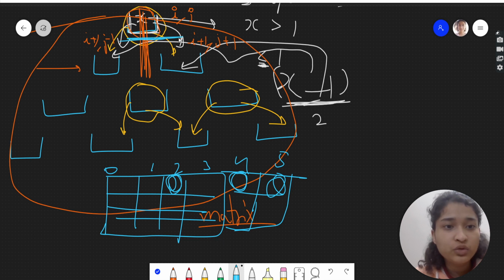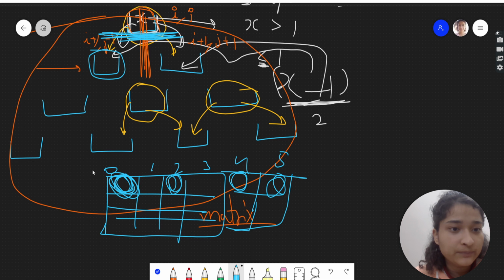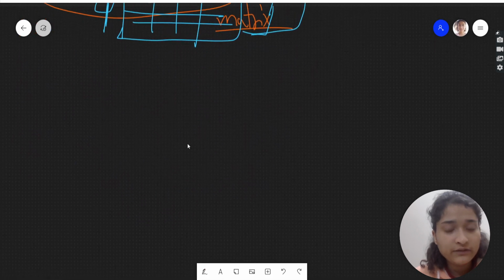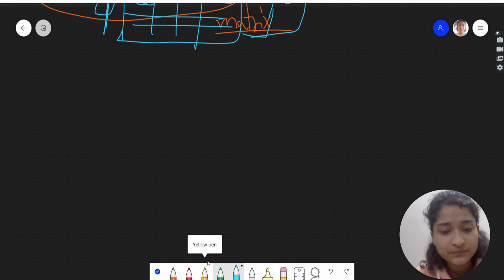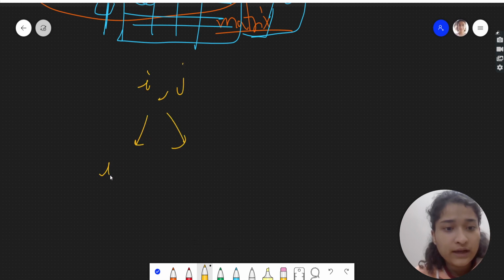If it is here, then the left one will go out of bound because it's the j minus 1 column. When you face this kind of issue, where you have I comma j and you need I plus 1 comma j minus 1 and I plus 1 comma j plus 1, how can you store it in a matrix?